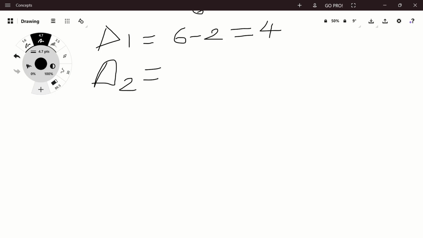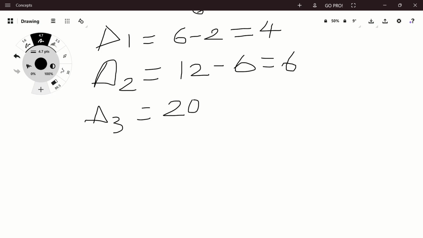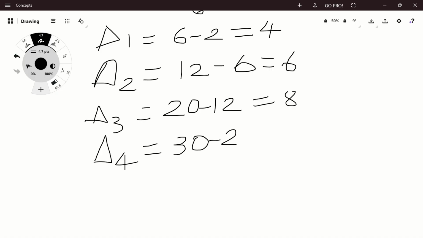Del 2 will be 12 minus 6, which is equal to 6. Del 3 is equal to 20 minus 12, which is equal to 8. And del 4 is equal to 30 minus 20, which is equal to 10.